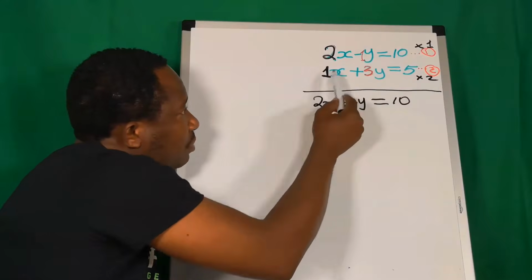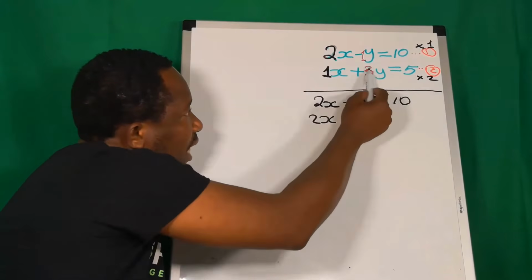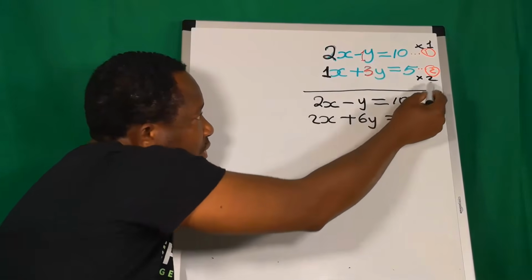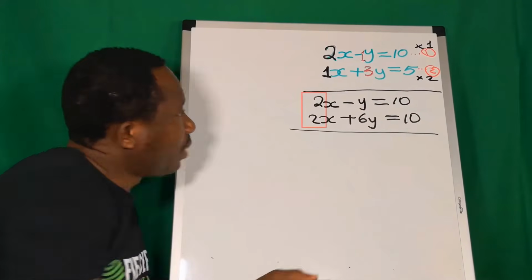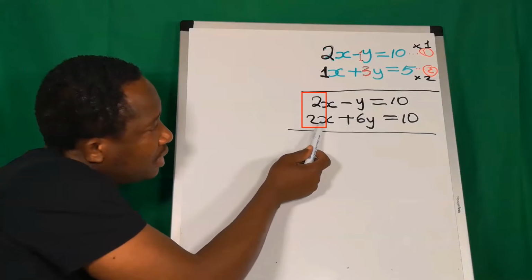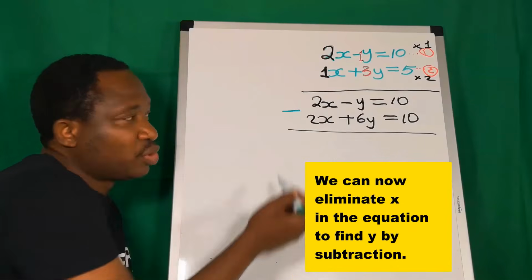Next, 2 times 1 will still return 2x. 2 times 3 here will give you 6y. And 2 times 5 will give you 10. Now, we have that the coefficient of x in equation 1 and the coefficient of x in equation 2 are now the same. Hence, I will subtract.